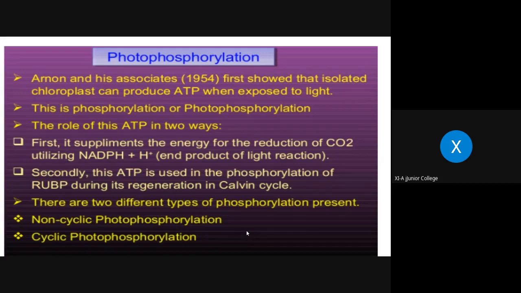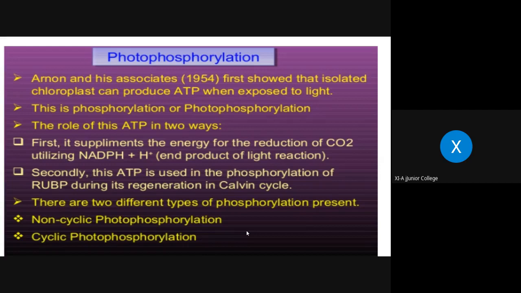Do you understand? Okay. So this was again explained by Arnon and his associates in 1954, who first showed that isolated chloroplasts can produce ATP when exposed to light, and this is photophosphorylation.